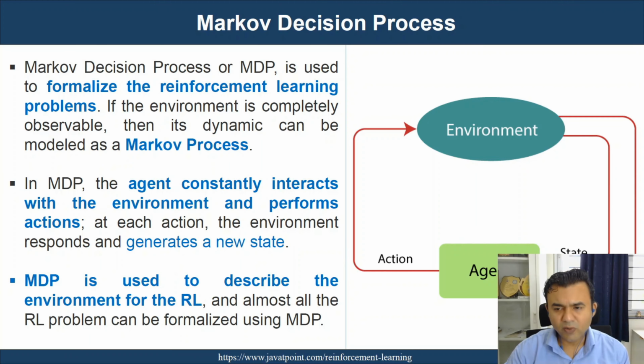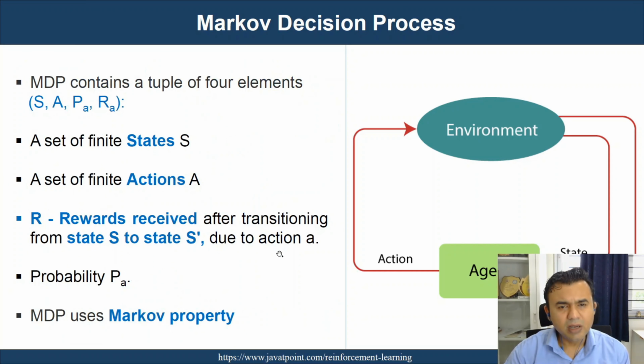That is a positive reward. I'll continue and study more. If I'm not getting good grades, right, I have to change my strategy, observe the rewards and study more with a hyper focus. So MDP is generally used to describe the environment of the reinforcement learning, and almost all the reinforcement learning problems, they can be formalized using MDP.